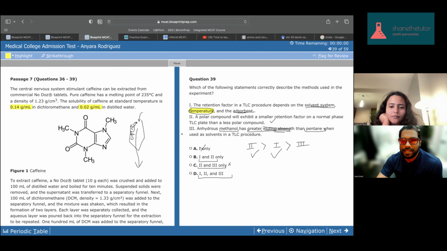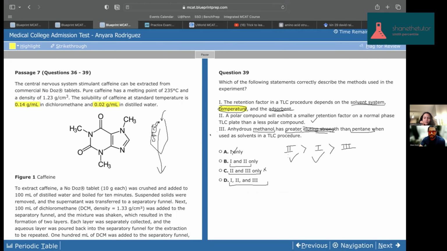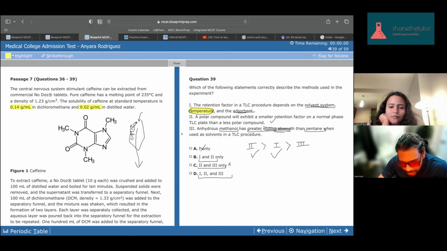And so I think the eluting strength here would be greater when using the methanol.